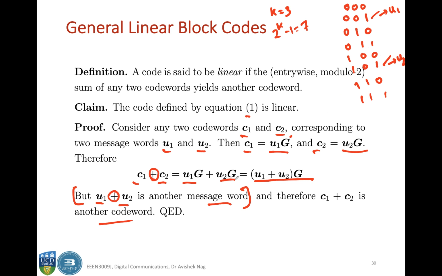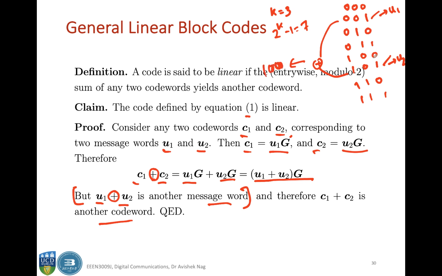So if you just do the modulo 2 sum of U1 plus U2, then these two will give you what? 101 and 001. So this is just a regular binary addition. This will give you 1 plus 1 0, so this will give you 0 0 1. So 1 0 0. Okay.